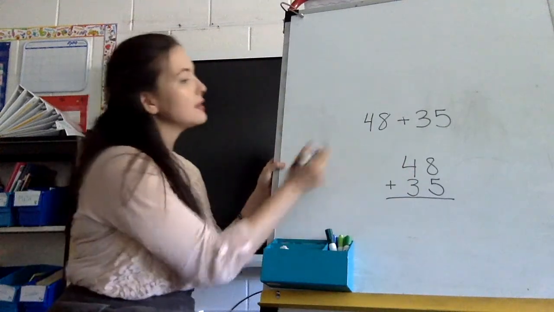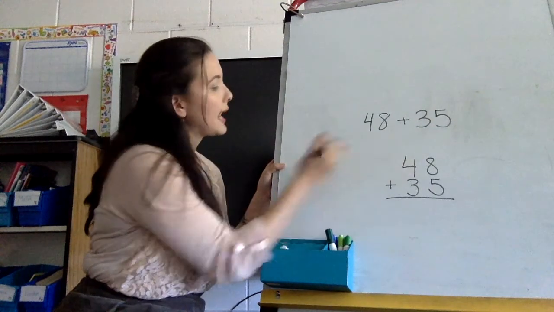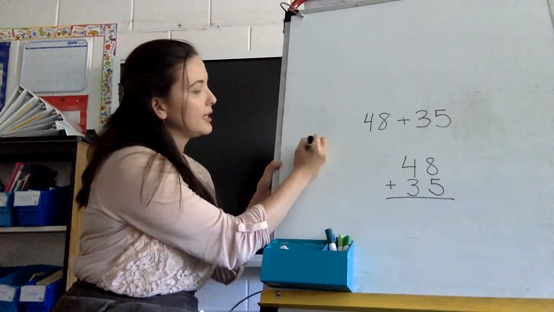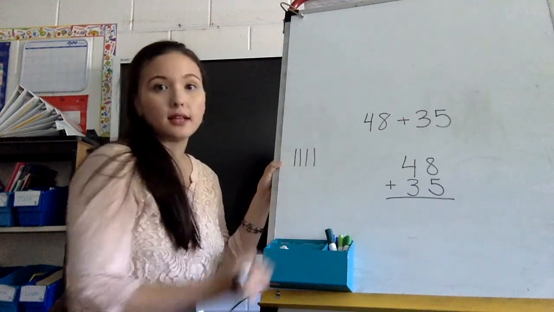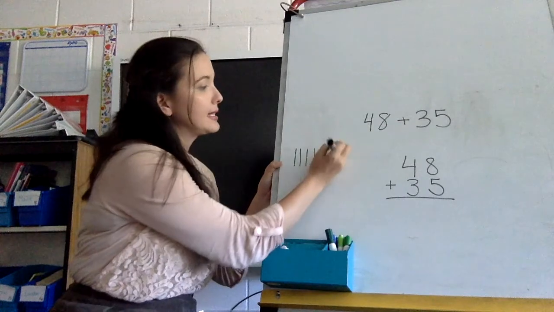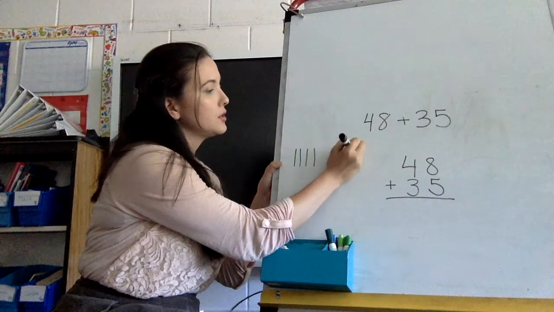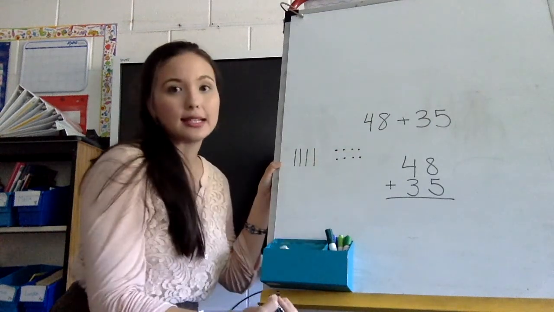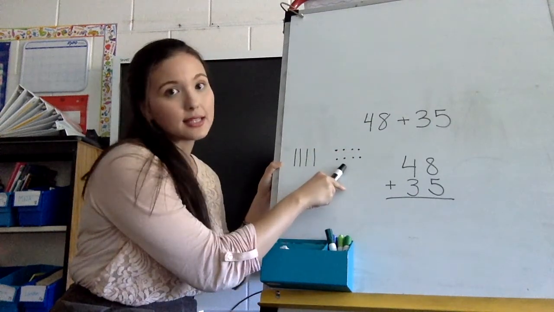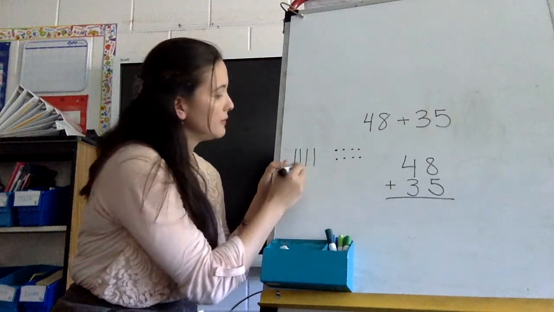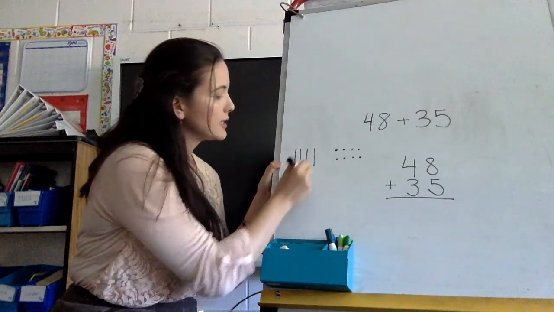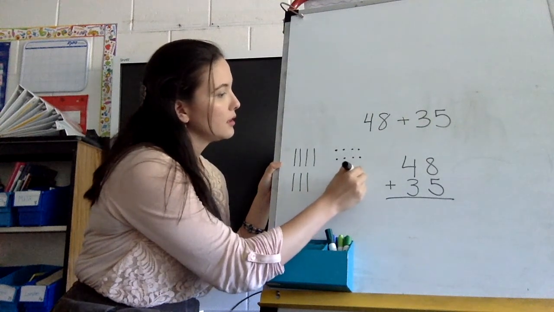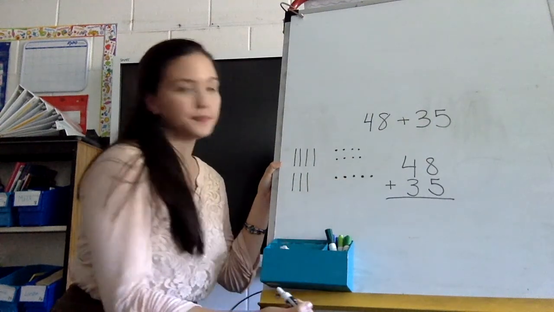So if I make the number, I would make 48, and it would look like 10, 20, 30, 40, 8. 1, 2, 3, 4, 5, 6, 7, 8. 48. 35 is 10, 20, 30, 31, 32, 33, 34, 35.